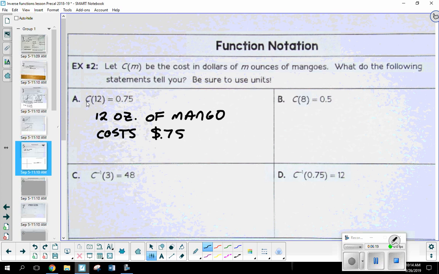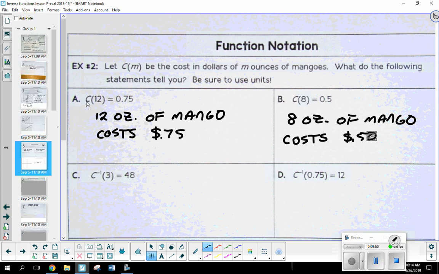All right, so B, if I have the statement C of 8 equals 0.5, how would you verbalize that statement? 8 ounces of mango costs 50 cents. Perfect.